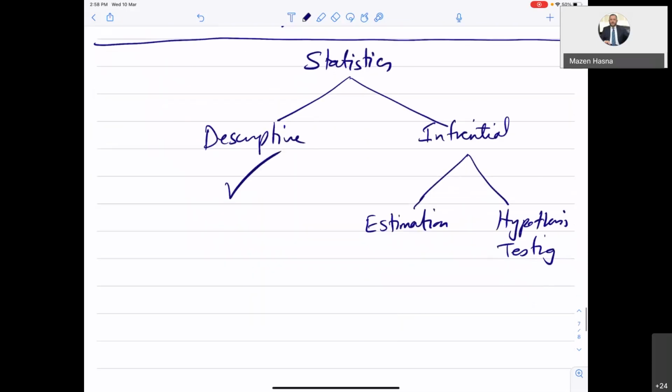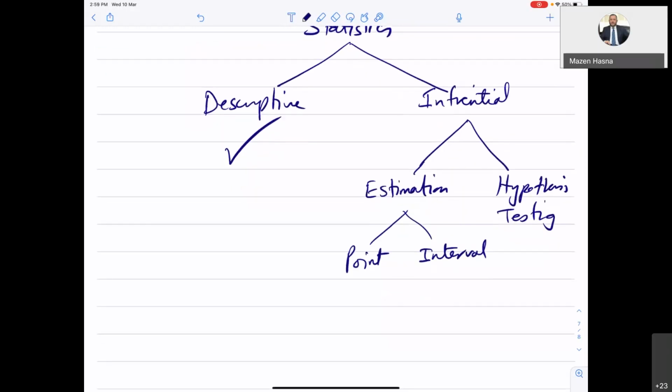And in estimation, we'll do point estimation and interval estimation. And hypothesis testing, we just use tests on the mean and on the variance of a random population.